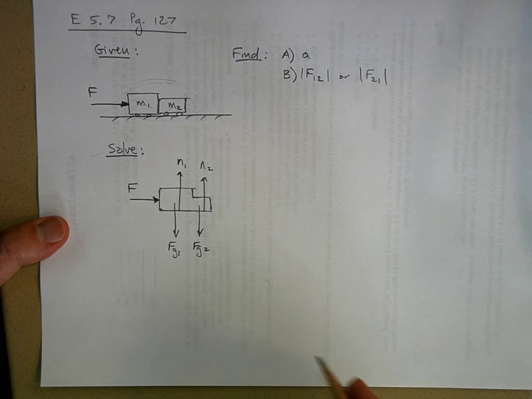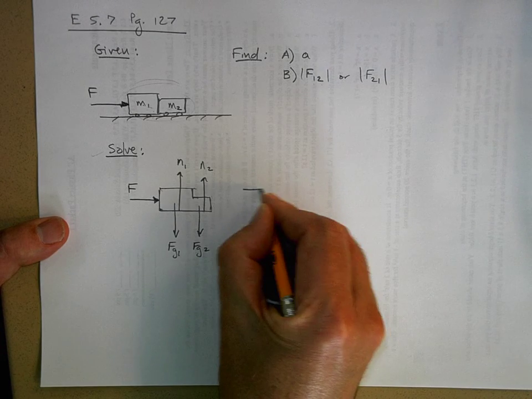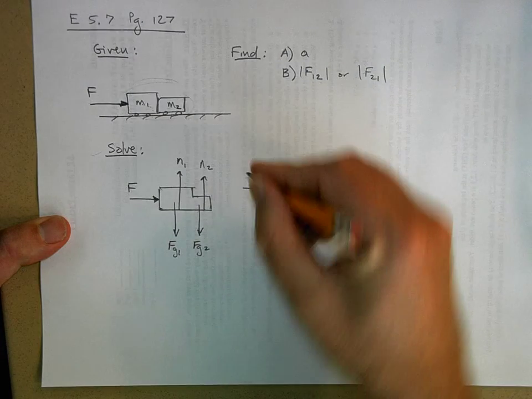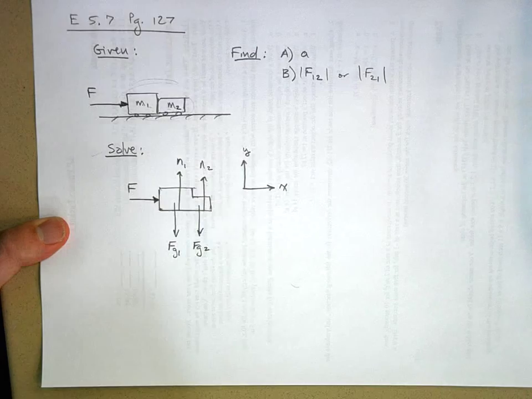Now, I'm going to go to the next step, which is to establish my coordinate system, XY coordinates, and break up the forces into components if I need to. I'm just going to make this the X direction, and this the Y direction. Here's a hint.